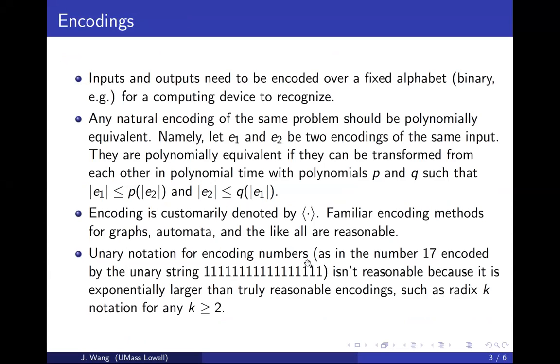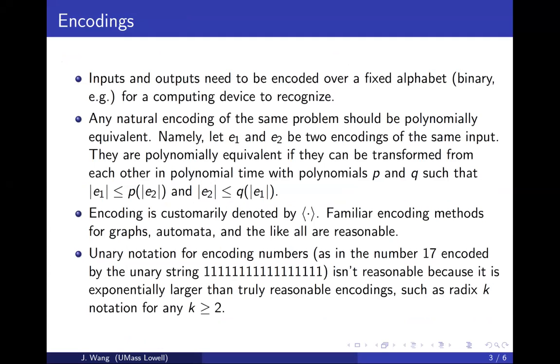Now, when we do a measure, we do need to encode the description of a problem. Okay, so that means that inputs and outputs need to be encoded over a fixed alphabet. In general, we use a binary alphabet for a computing device to recognize.